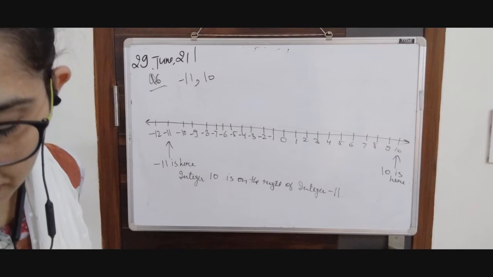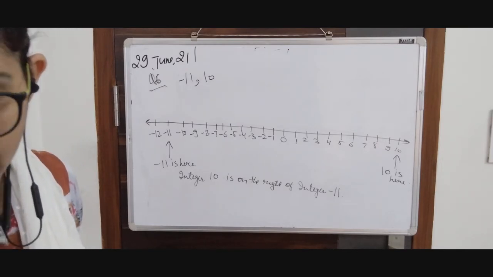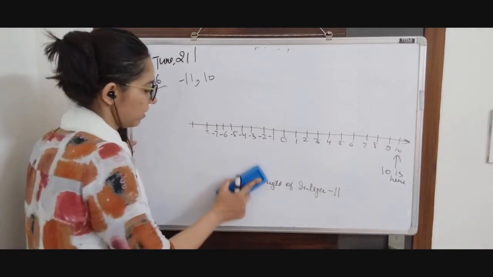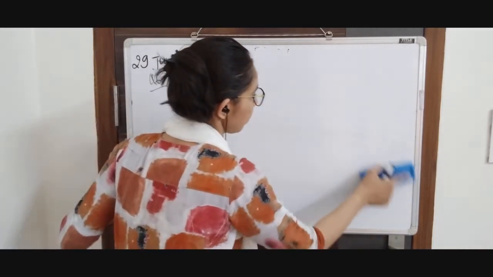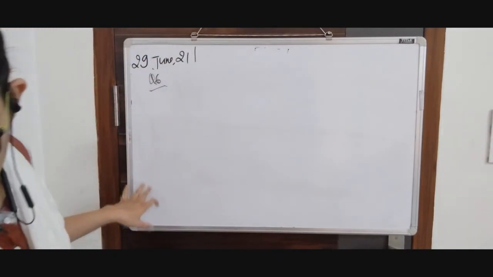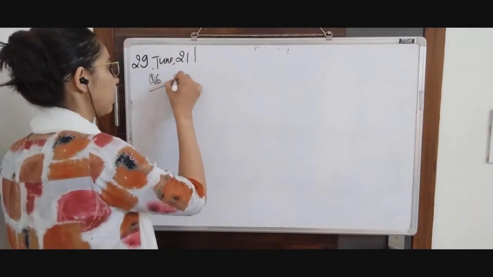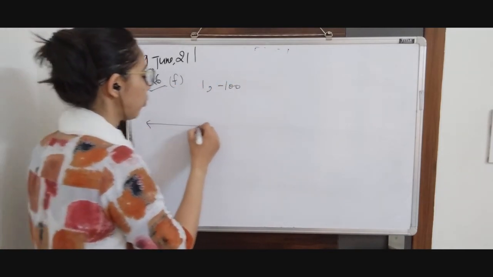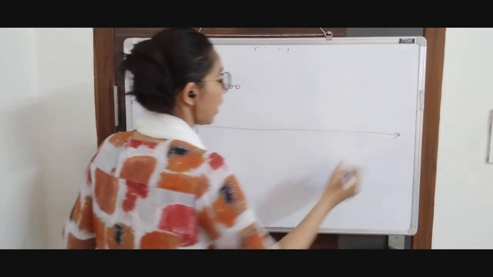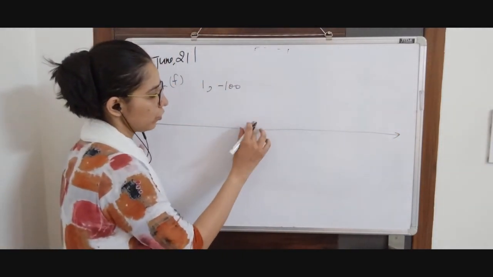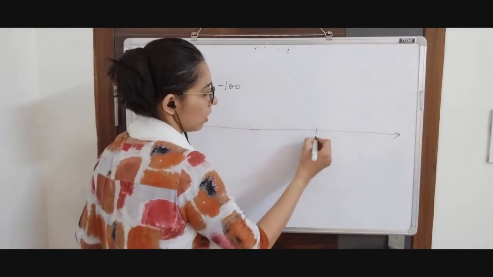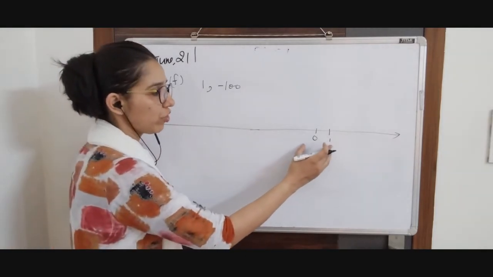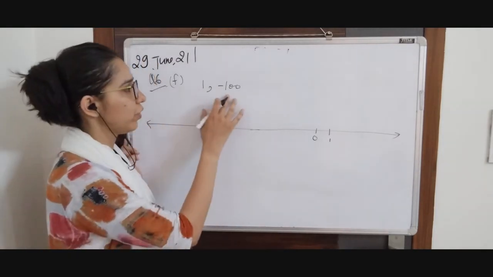For 1 and -100, we need to make either 100 divisions of 1 unit length, or we can shorten it using this technique. I am doing the F part. You have to show 1 and -100. If I make a number line showing each number by 1 unit, I will need 101 divisions.